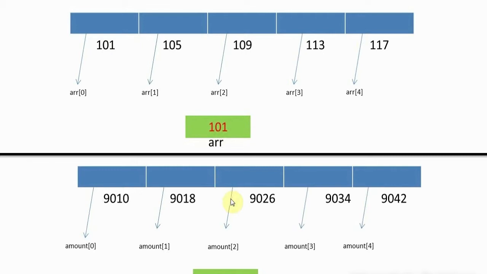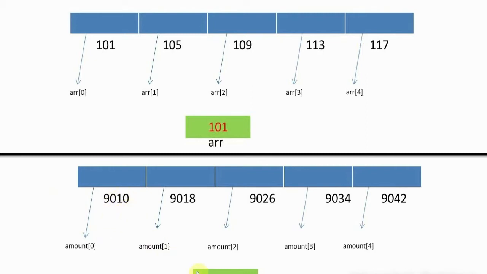In the second example, I have assumed that this array amount is of double data type. So suppose I have declared the array like double amount, within square brackets I have given the size, suppose 5. Now I have assumed the base address to be 9010.